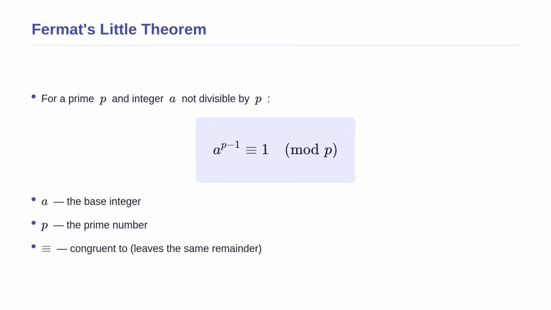Here, a is our base integer, and it must not be a multiple of p. The symbol with 3 horizontal lines means is congruent to, which is just a formal way of saying leaves the same remainder as. So if you increase the prime number p, the exponent grows, but the final remainder after division is always magically stripped down to 1.